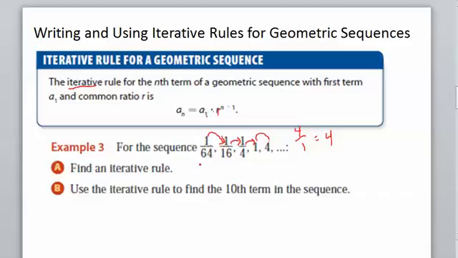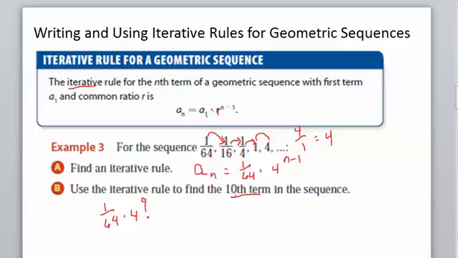So now, if I want to find a sub n, any n at all, all I have to do is take that a sub 1, 1 over 64, times 4 raised to the n minus 1 power. They're wanting me to find the 10th term. So that's going to be 1 over 64 times 4 raised to the 9th power.